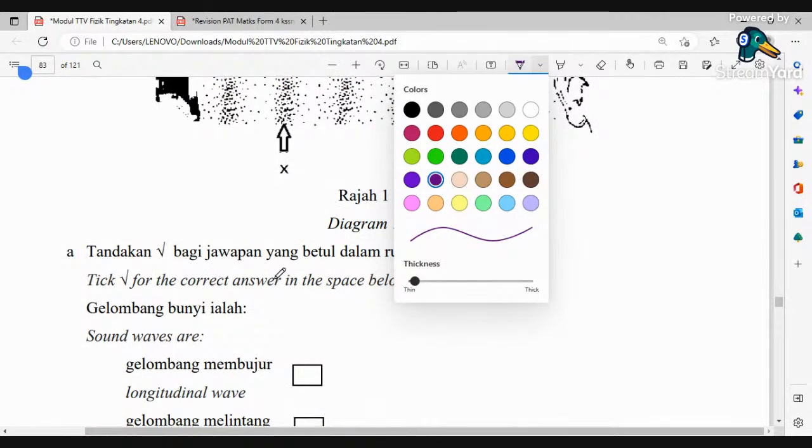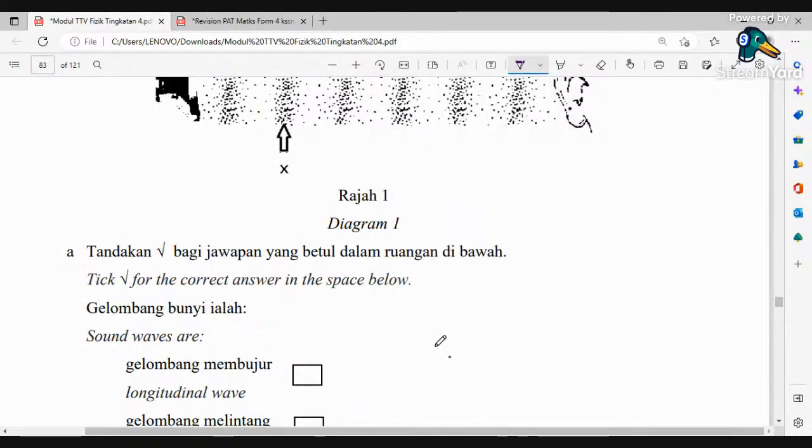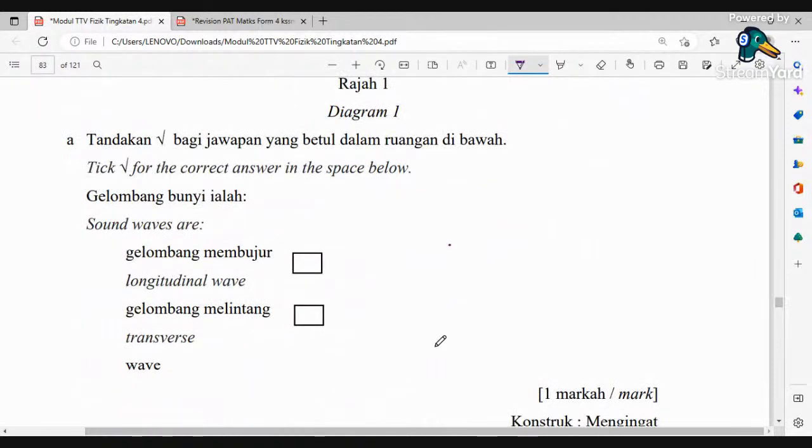Okay, sound wave. Pick the correct answer. Okay, sound waves are longitudinal wave. Okay, how it travel? Vibration of molecule parallel to direction of waves.